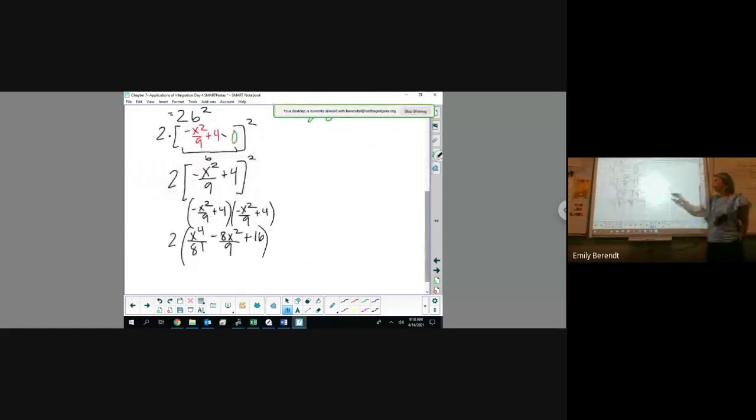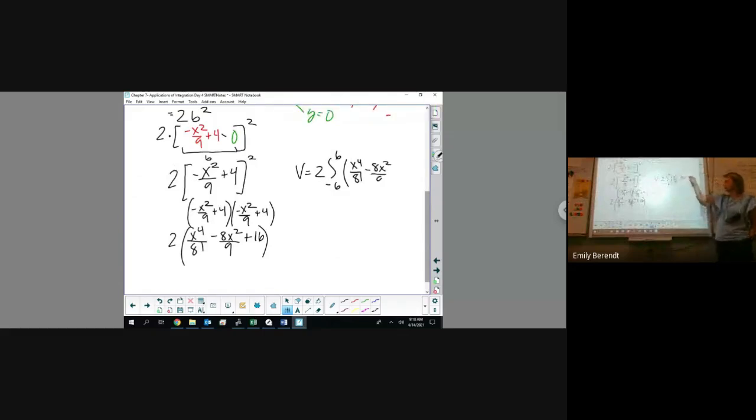All right, so volume equals, the 2 is going to go in front, integral from -6 to 6 of x to the 4th over 81 minus 8x squared over 9 plus 16 dx.